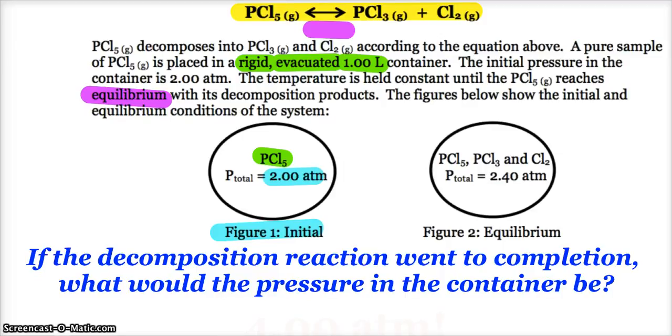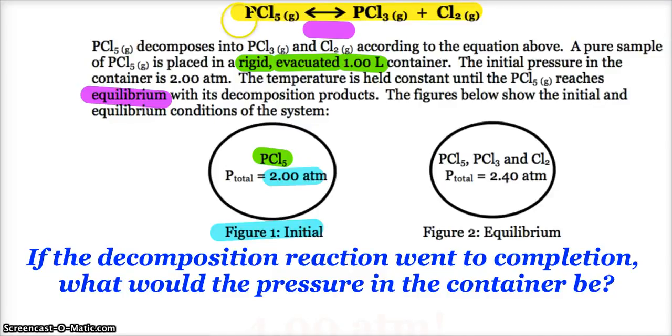It says, if the decomposition reaction went to completion, what would the pressure in the container be? Pause and think about it, but this really goes back to a fundamental thing we said earlier on: gas particle collisions cause pressure. More particles, more collisions, more pressure. The reason I have this here with the stoichiometry is I have to look at my lovely balanced equation.